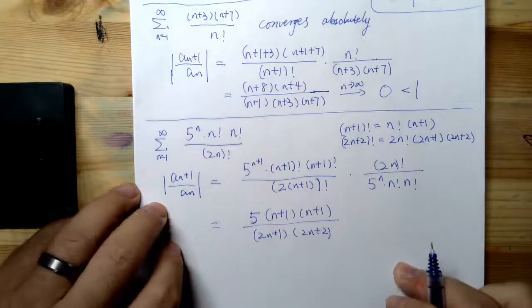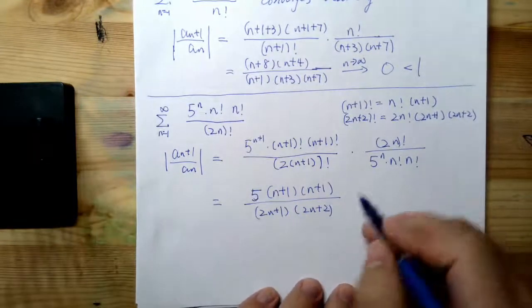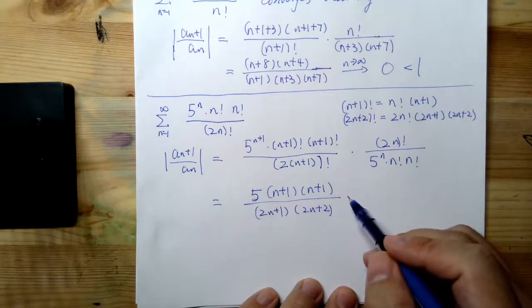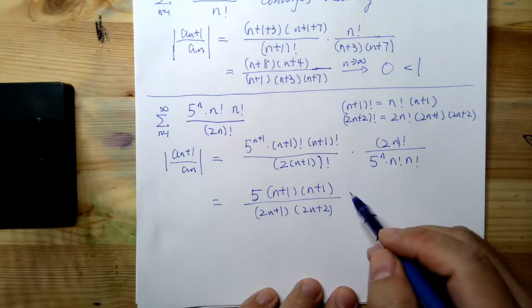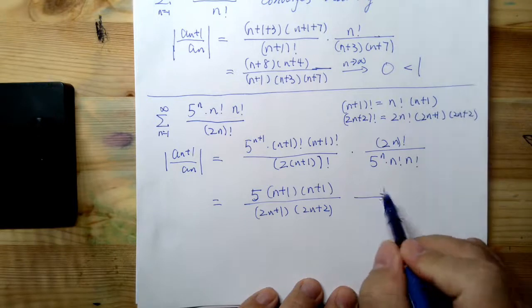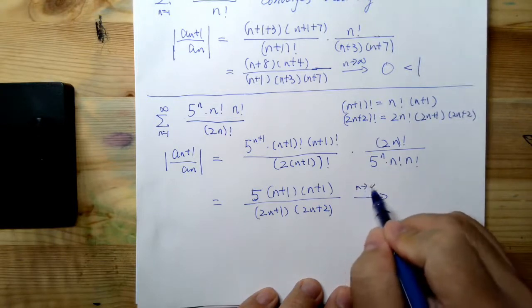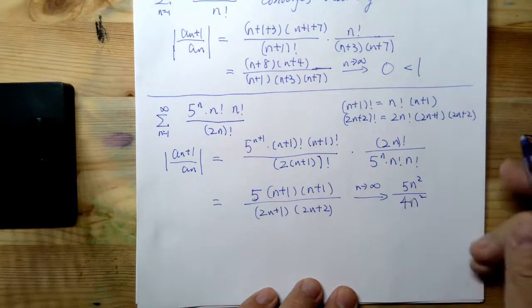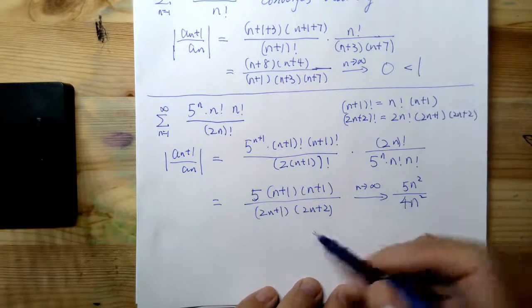Now, if you only look at the leading order as n goes to infinity, you have 5n squared over 4n squared.